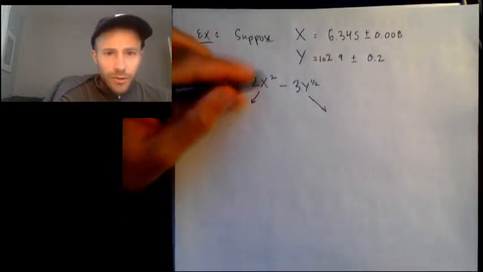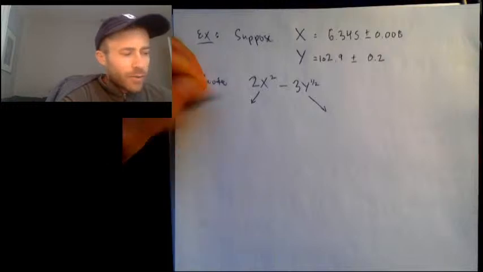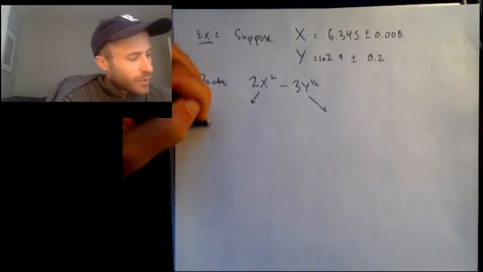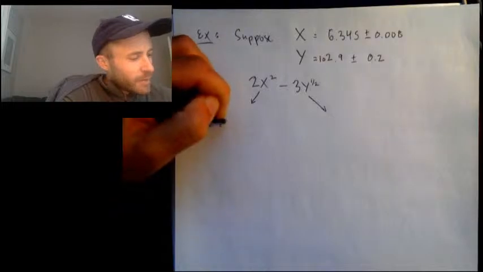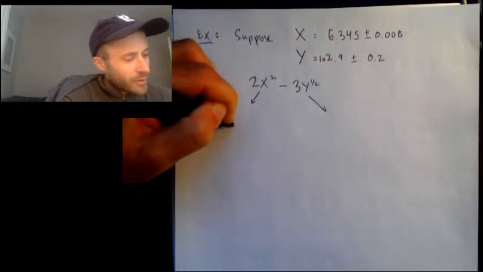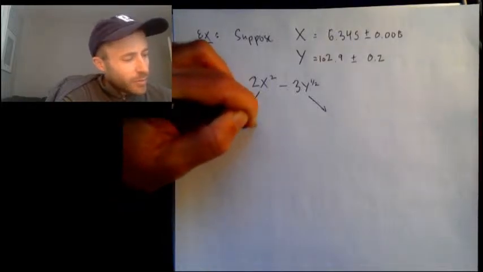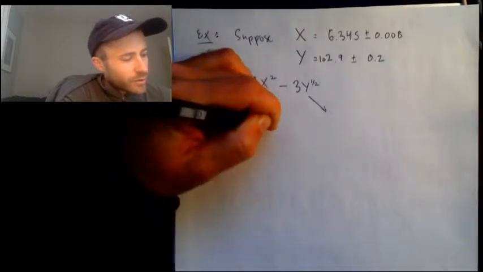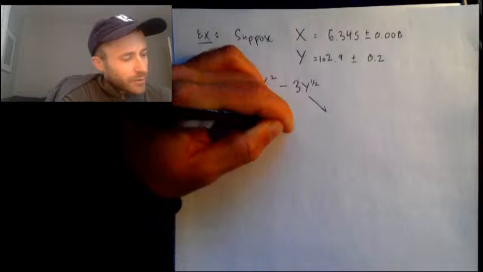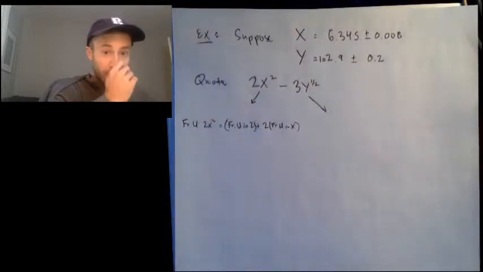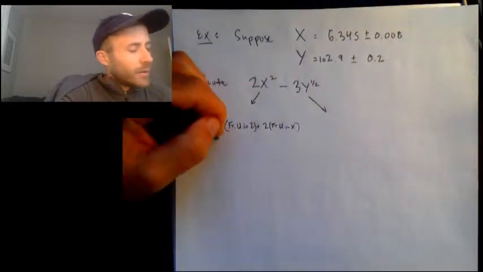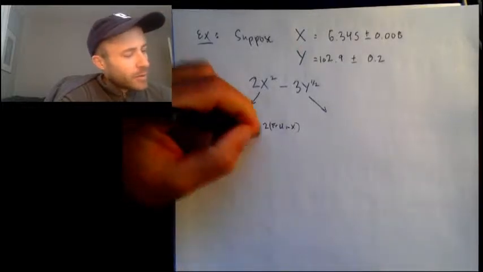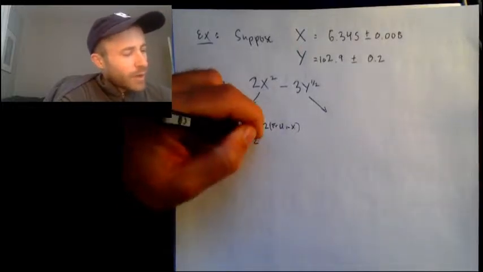So first of all, let's do this one. My fractional uncertainty in 2x squared is going to be the fractional uncertainty in 2 plus 2 times the fractional uncertainty in x, because x is squared. All right. 2 is just a constant, so it has a fractional uncertainty of 0, plus twice the fractional uncertainty in x.